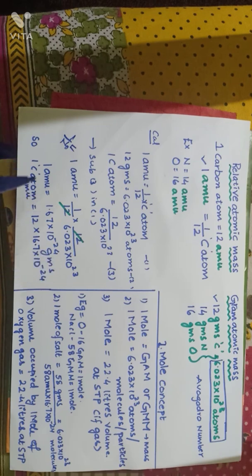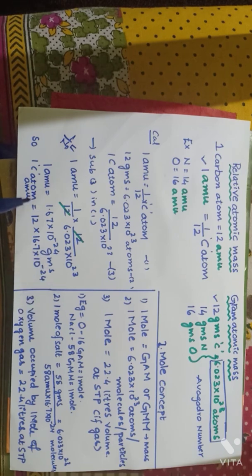One carbon atom's mass in atomic mass units is 12, so in grams it is 12 into 1.67 into 10 power minus 24. You need to understand this because this will help you in problems. So if one carbon atom is 12 into 1.67 into 10 power minus 24, calculate it for nitrogen. For nitrogen it will be 14 into 1.67 into 10 power minus 24. For oxygen it will be 16 into 1.67 into 10 power minus 24.